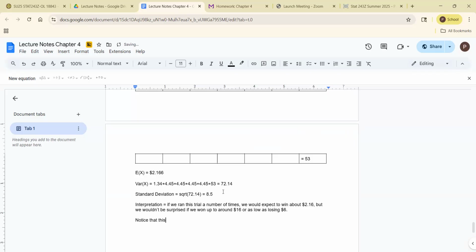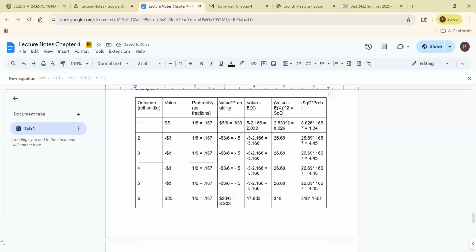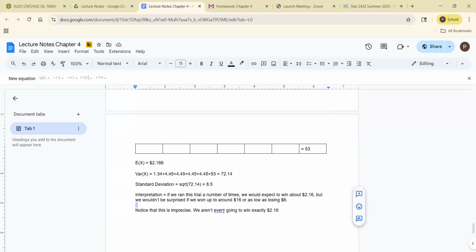Notice that this is imprecise. We aren't ever going to win exactly $2.16. You can't. The only values you could possibly win are 5, lose 3, or win 20. And although mathematically speaking, we wouldn't be surprised if we lost $6, right?